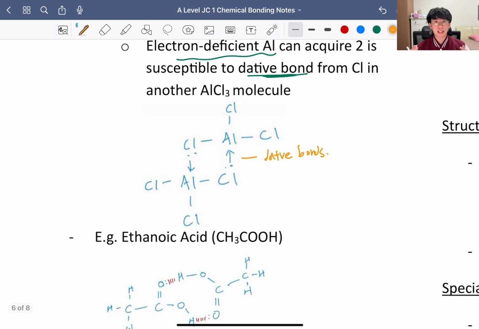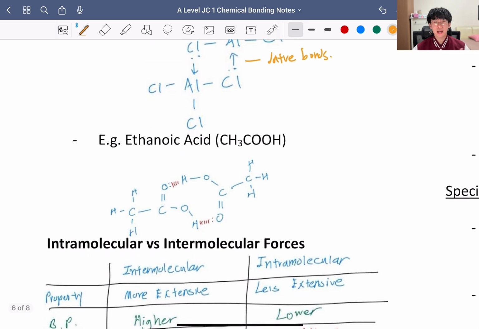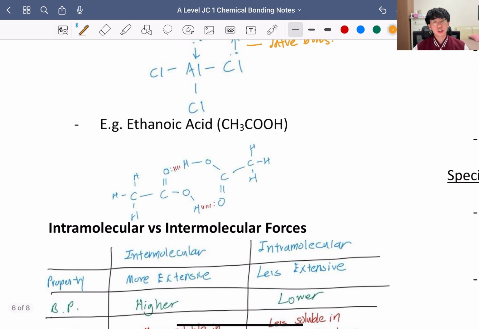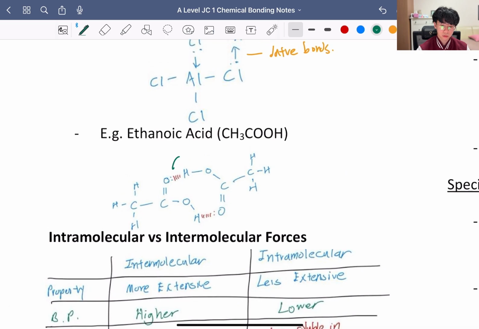And remember, the strength of my dative bond is equivalent to a covalent bond. So these bonds are strong, they're not easy to break. So this tends to be quite stable. And another example is ethanoic acid. So it's not just dative bonds, you can also use hydrogen bonding to have the bonding and the dimerization of my molecules itself.